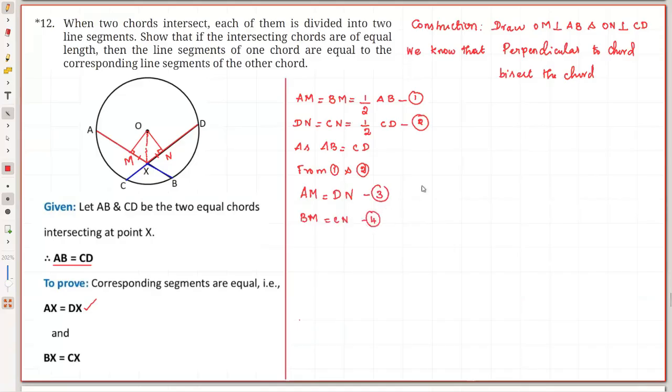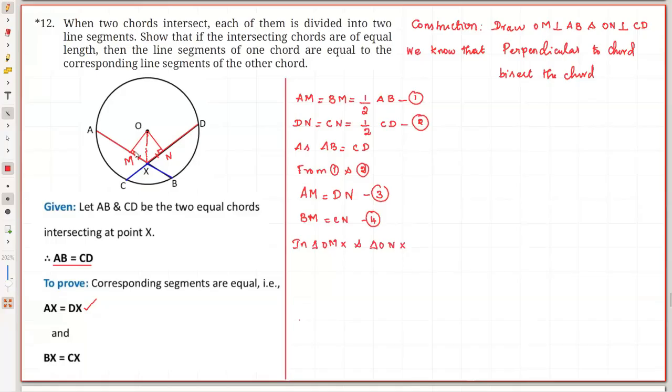Next I have to prove that in triangles OMX and ONX, both are congruent. By using the RHS rule, I can say these two triangles are congruent. Why?